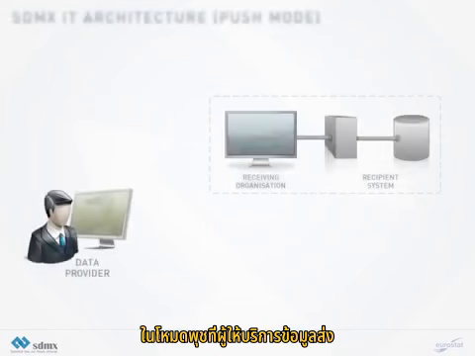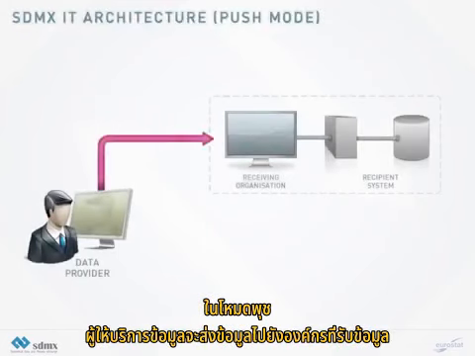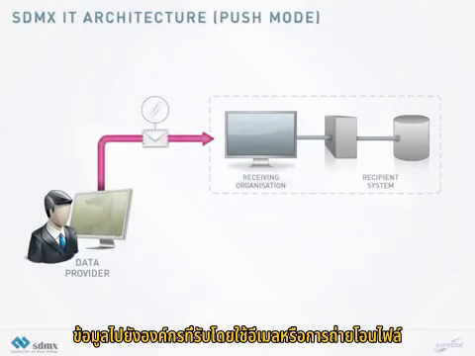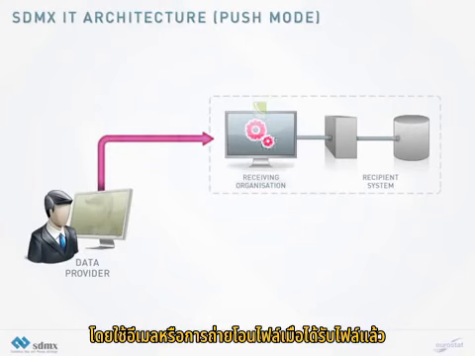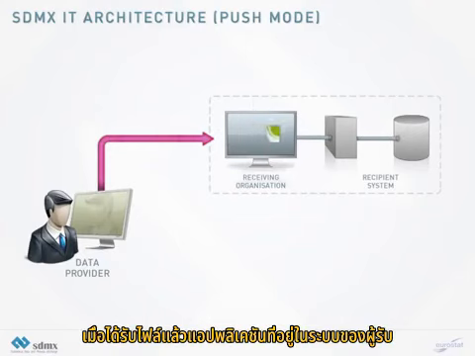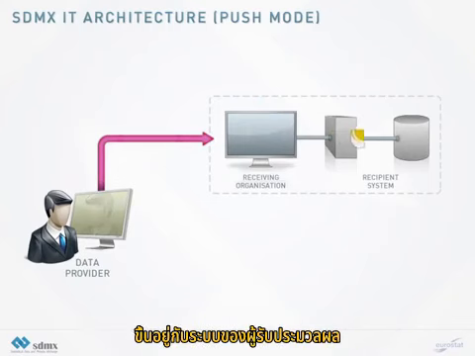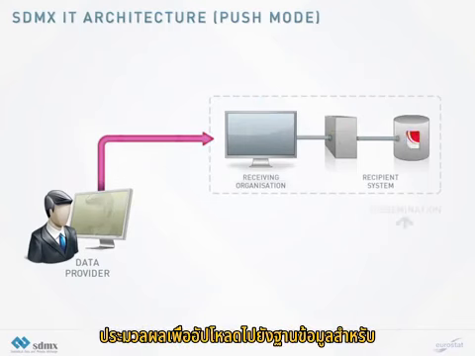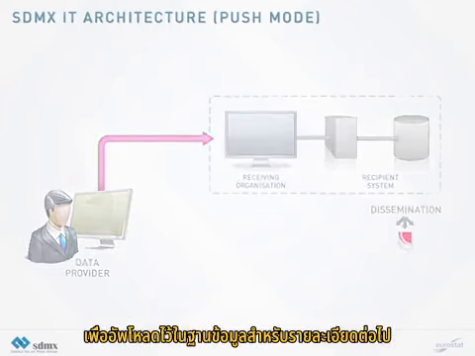In the push mode, the data provider sends the data to the receiving organization using email or file transfer. Once the file is received, an application based in the recipient's system processes it in order to upload it in a database for further elaboration.